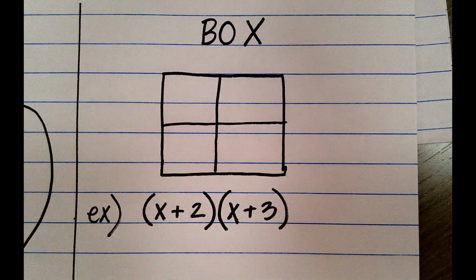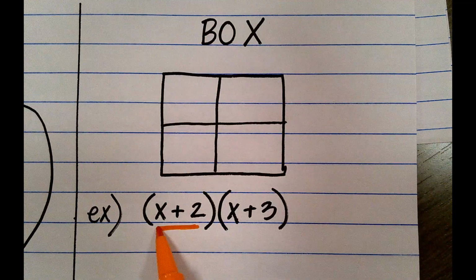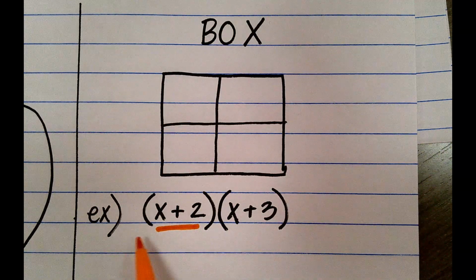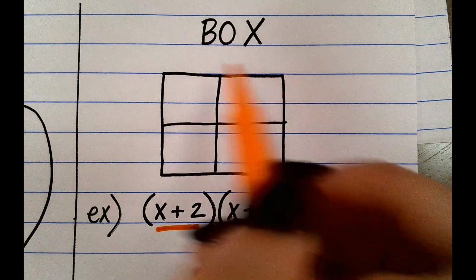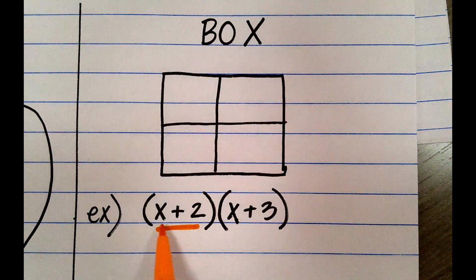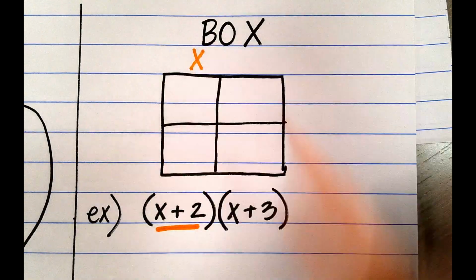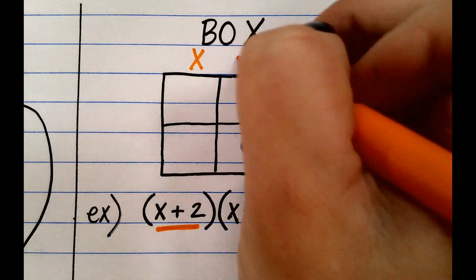We're going to take our first binomial, x plus 2, and we're going to write each term above the boxes on top. So x plus 2.